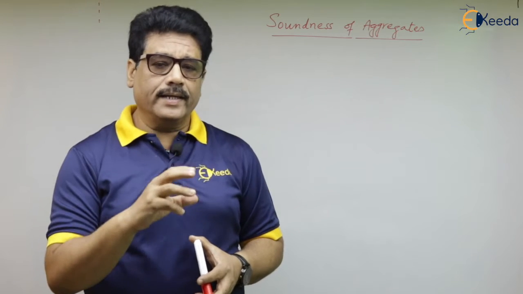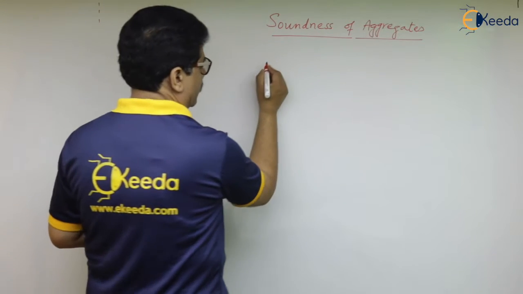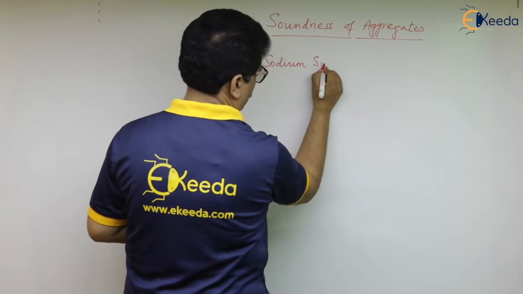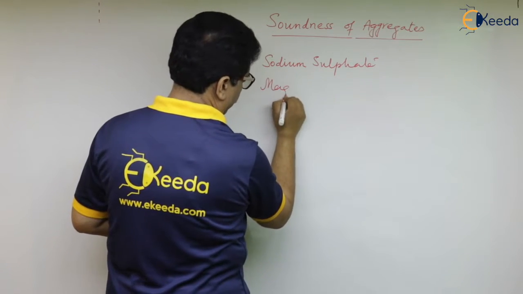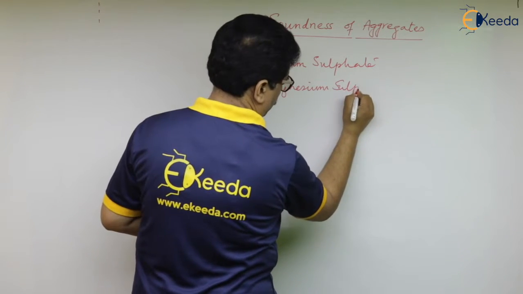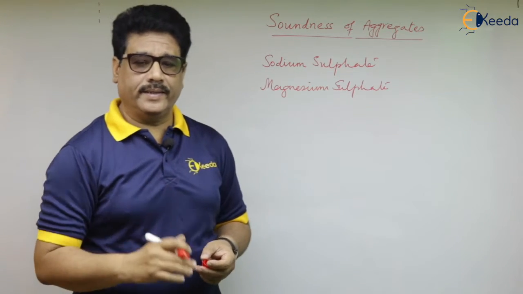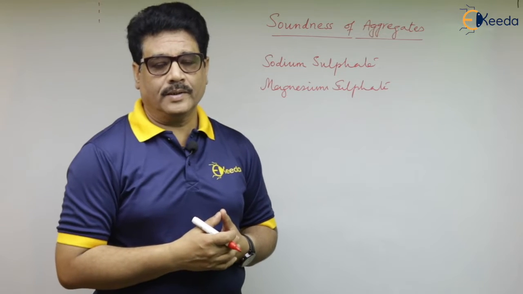So if the aggregates come in contact with sodium sulfate or magnesium sulfate, then it is bound to happen that they lose weight. They give a procedure to determine the soundness.